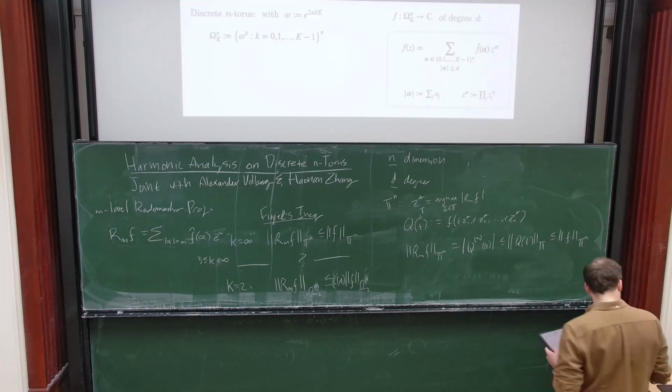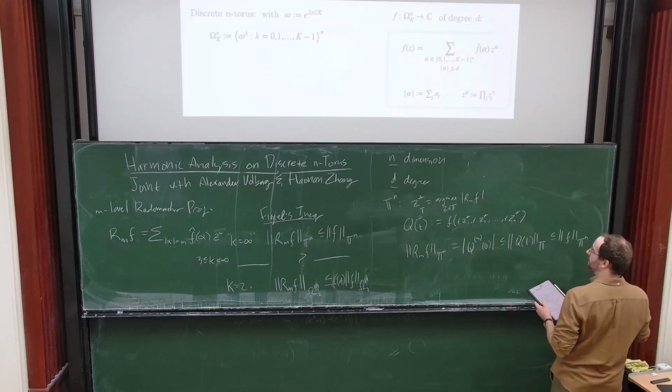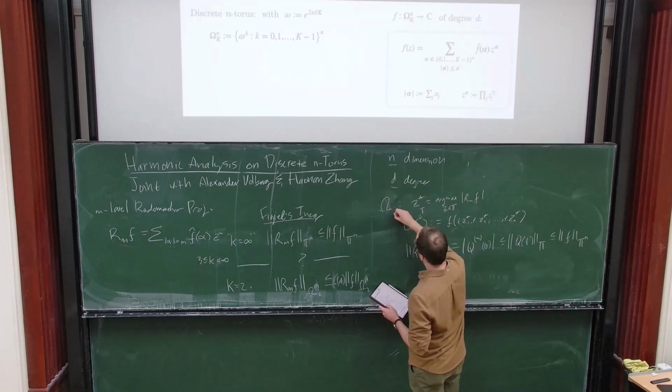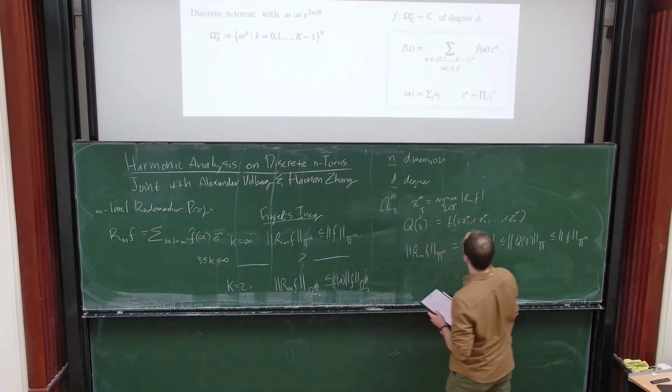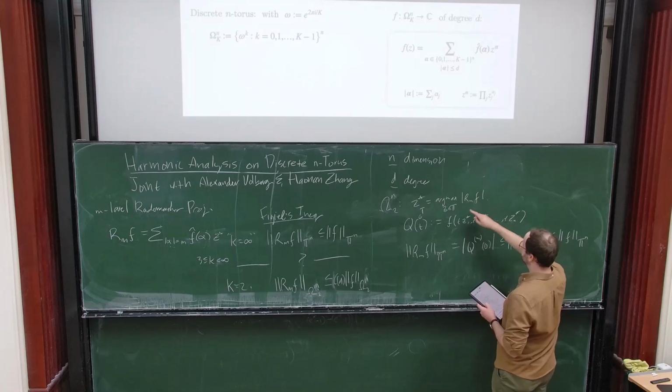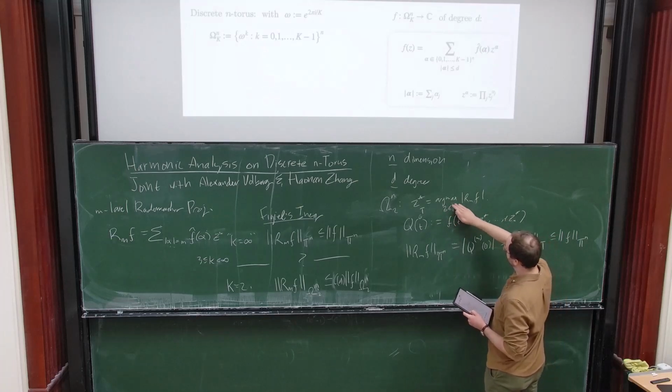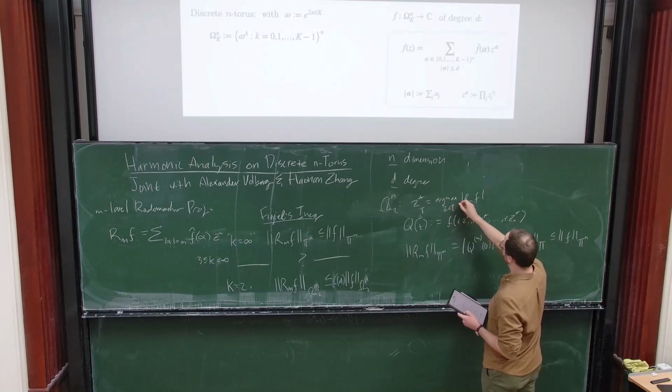Now, what changes if we go to the hypercube, 2 to the n? Again, we can write this, except our argmax will not be in the torus anymore.